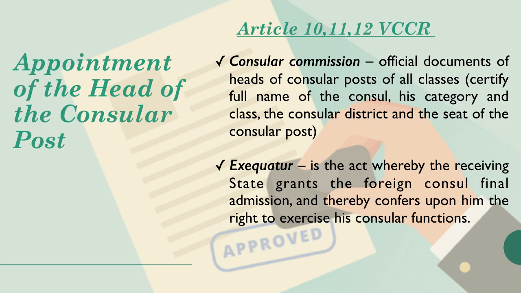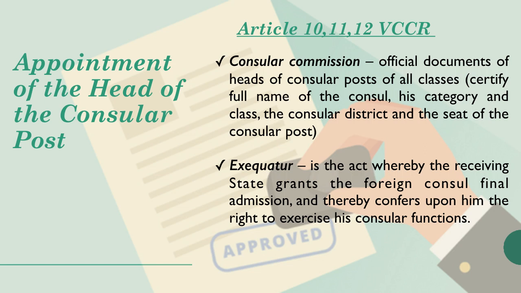For purposes of simplification, Article 11 uses the expression consular commission to describe the official documents of heads of consular posts of all classes. While it may be proper to describe differently the full powers given to consular officials not appointed by the central authorities of the state, the legal significance of these documents from the point of view of international law is the same.